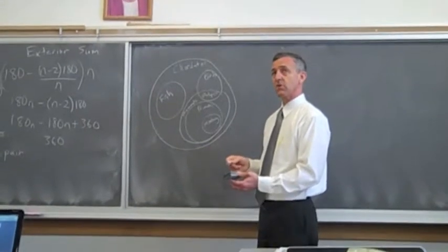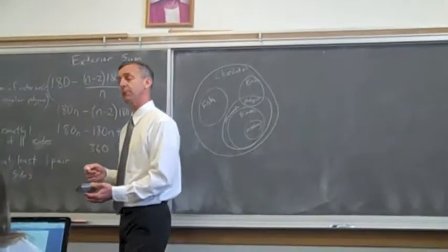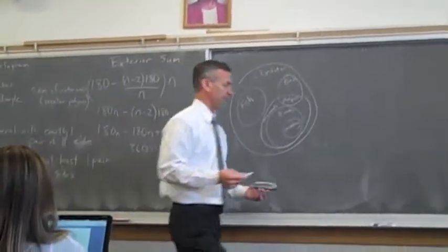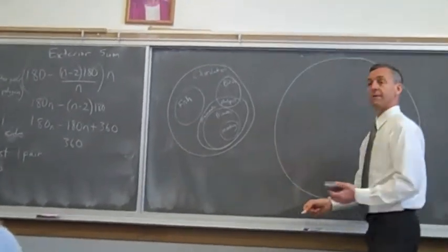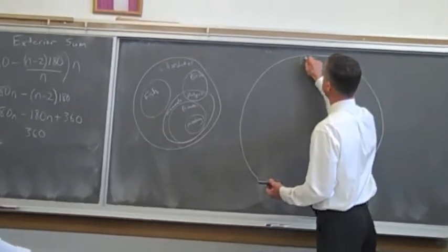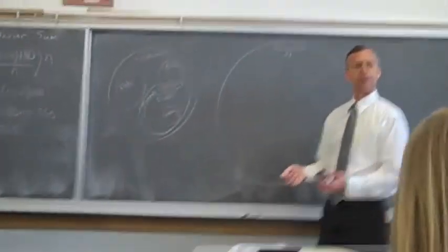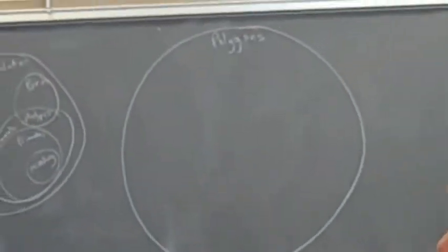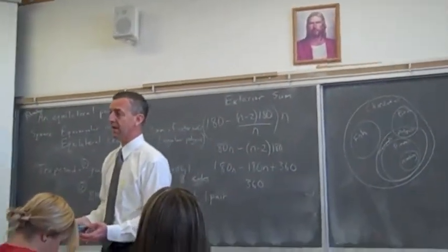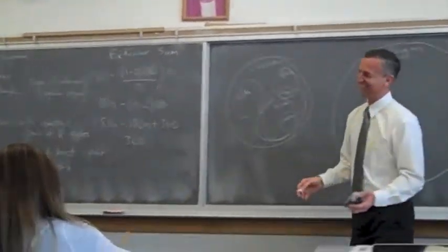All right. So what I want you to do is take a piece of paper. We're going to call this polygons. What is a polygon? Polygon is when you left the door open to your parrot's cage. Just kidding.